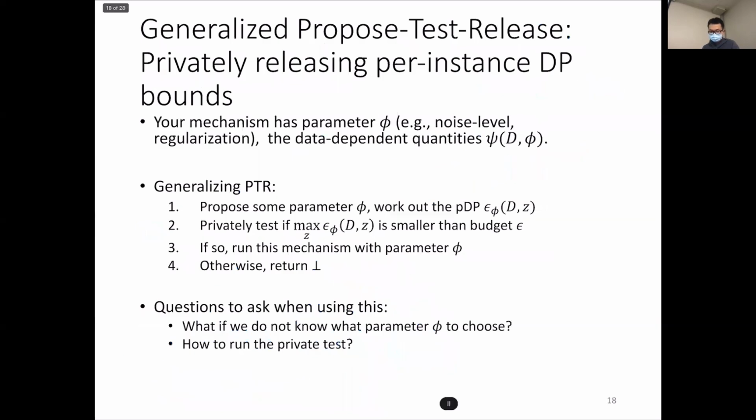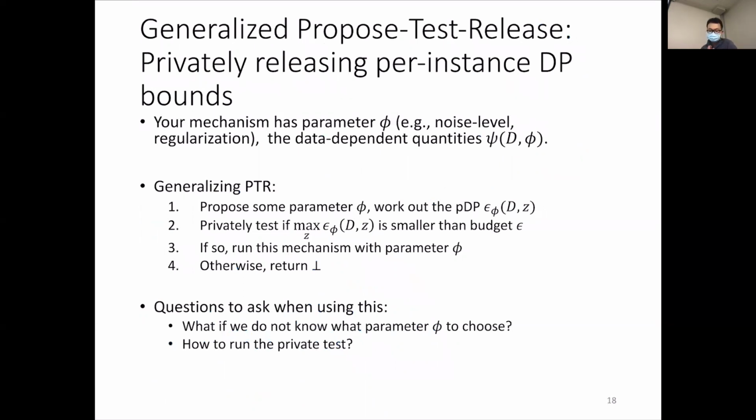So I hope that this illustrates the idea of the data dependent analysis for posterior sampling in linear regression, and this is one particular example of the so-called generalized propose-test-release approach that we can use to design a differentially private algorithm based on, for instance, a differential privacy bound.